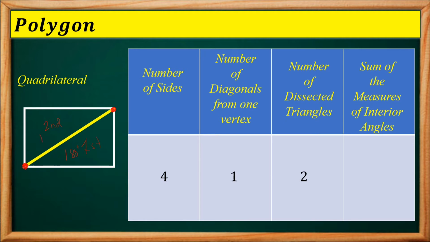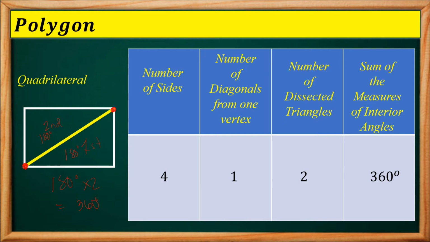Then another triangle, the sum is 180 degrees. Ilang 180 tayo? It means 180 times 2. The sum is 360 degrees.